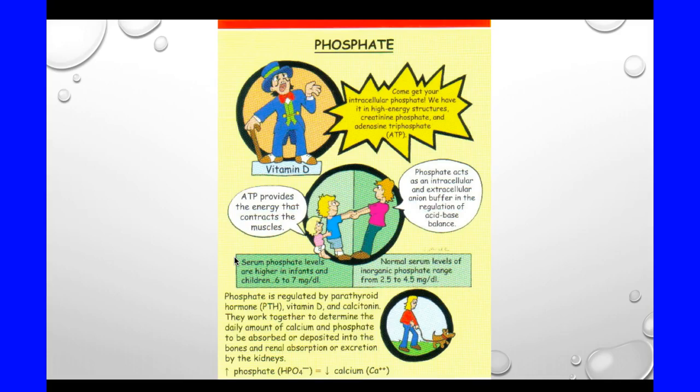Phosphate is regulated by your parathyroid hormone. In order for your parathyroid hormone to function, you need adequate vitamin D in your body and calcitonin, which is part of calcium. They all work together to determine the amount of calcium and phosphate that needs to be absorbed or deposited into the bones or your kidneys. So it's a finely tuned machine.